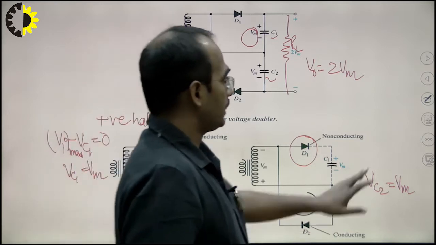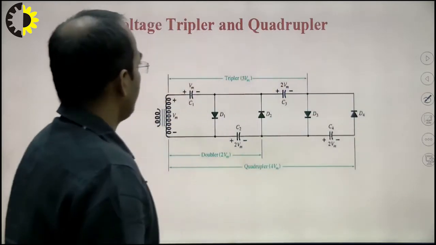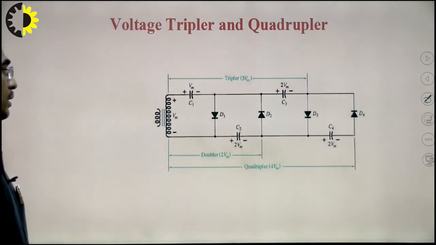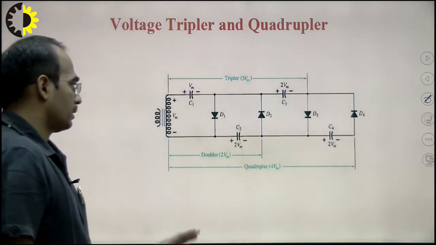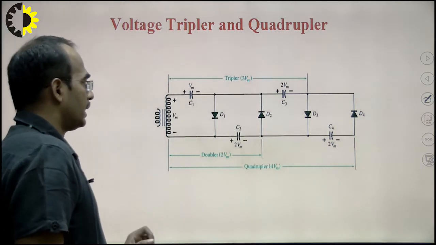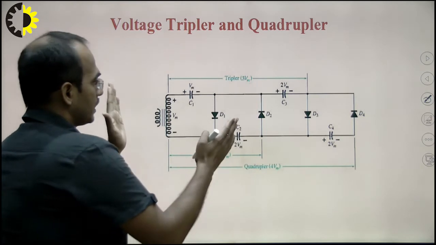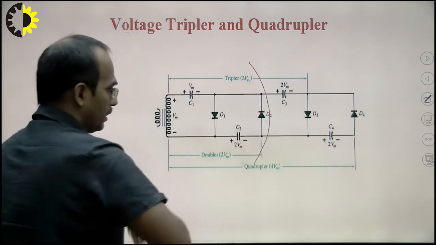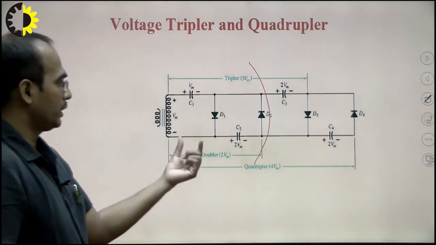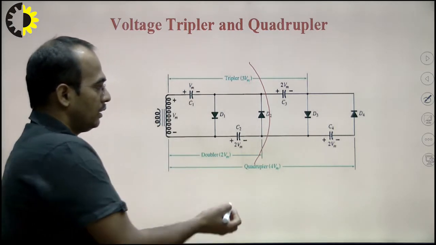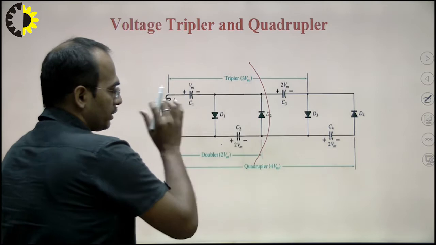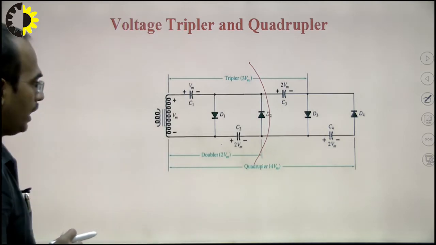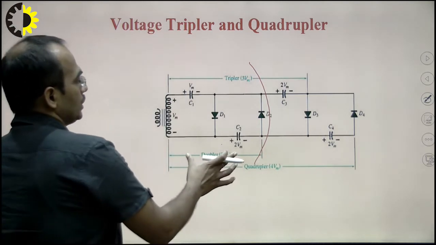Come to the next circuit, that is the voltage tripler and quadrupler. If I take only this part of the circuit, this circuit is nothing but the voltage doubler circuit. Here you can see that you are taking the output across this C2, and the output across this C2 is twice of Vm.